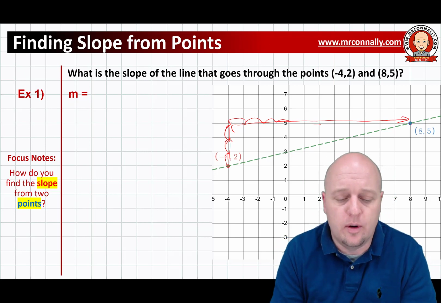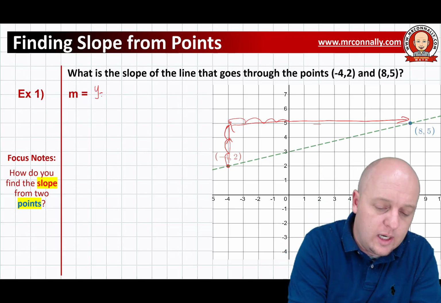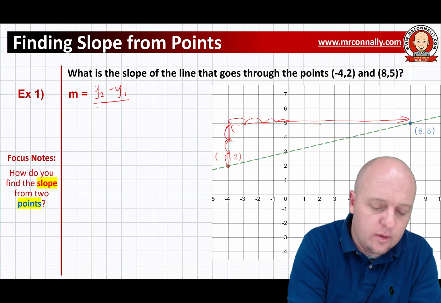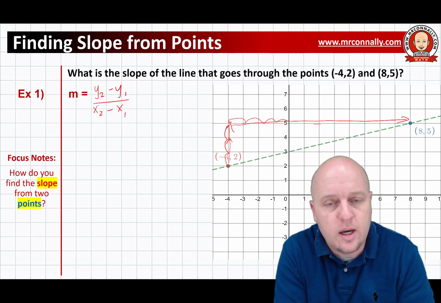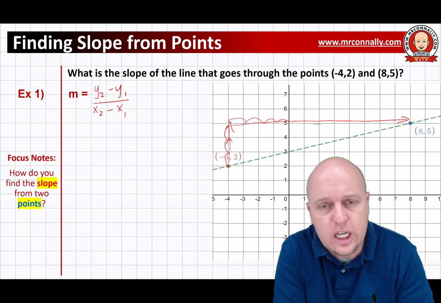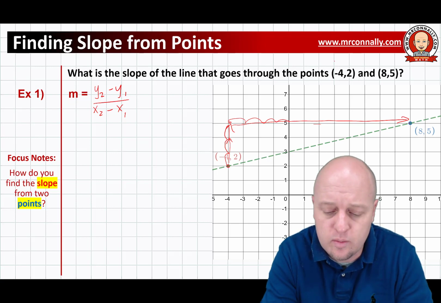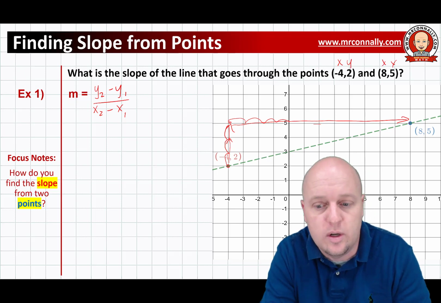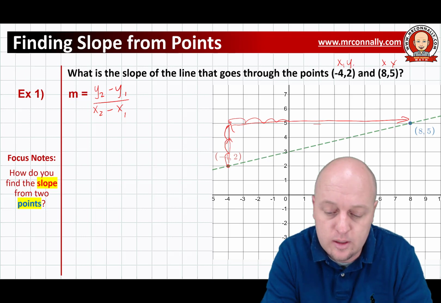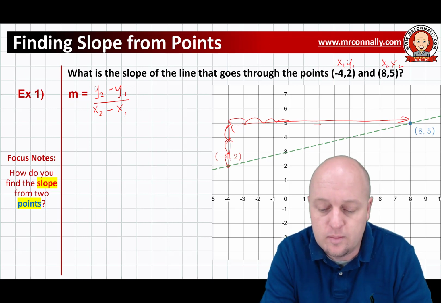We can use the slope formula that we talked about. y2 minus y1 over x2 minus x1. Okay, these are not exponents. These don't change anything to the number. They're just descriptive. They just tell you which one we're talking about. Because notice if I put xy and xy here, there's 2 x's and 2 y's. Which one is which? I'll call this group 1, and this will be group 2.